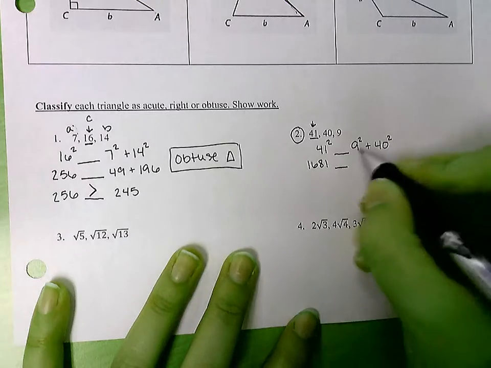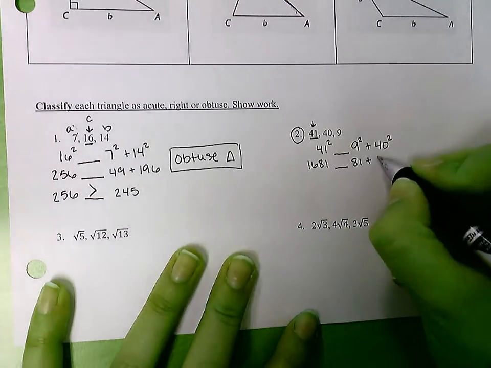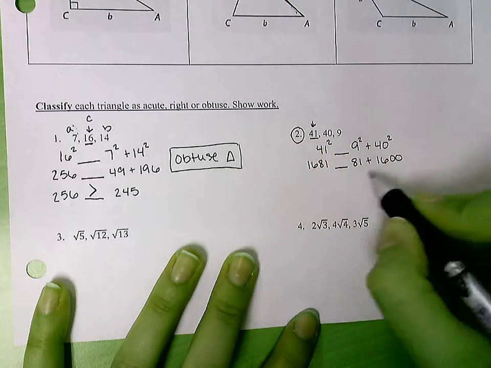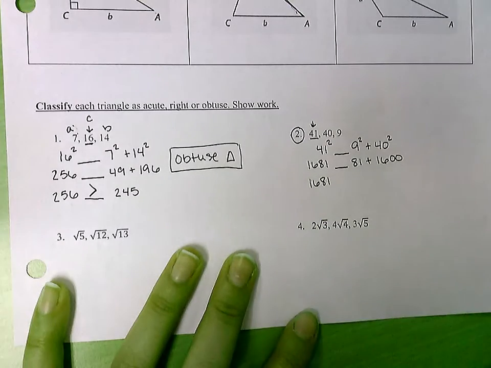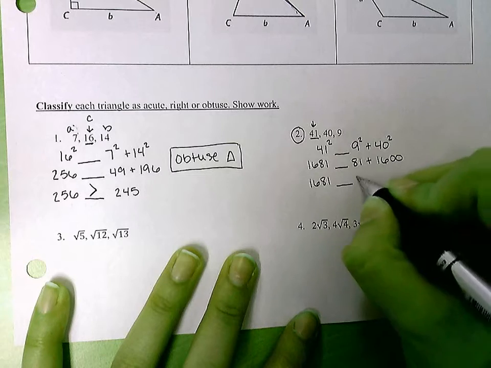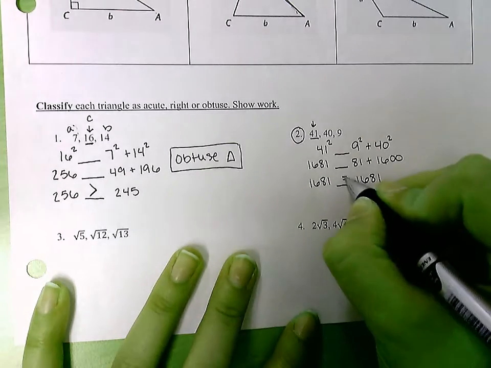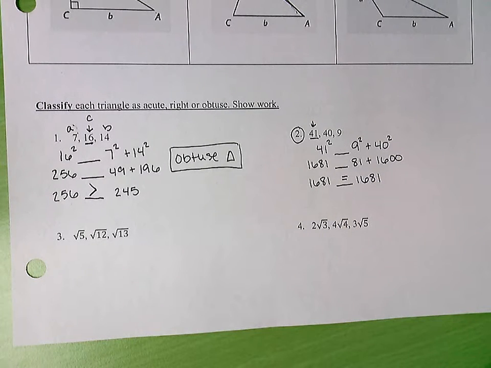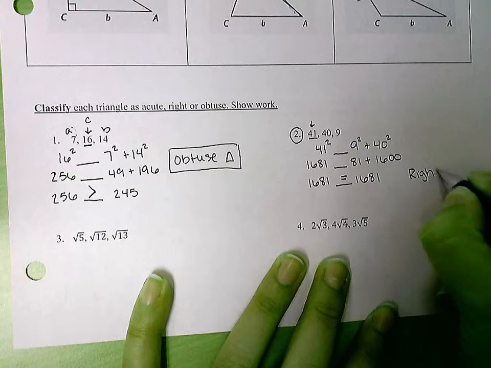That is compared to 9 squared, which is 81, plus 40 squared, which is 1,600. Next I'm going to add those two numbers together. So I still have 1,681 compared to 1,681. Those are equal. If my two sides squared and added together equal that longest side squared, that is a right triangle.